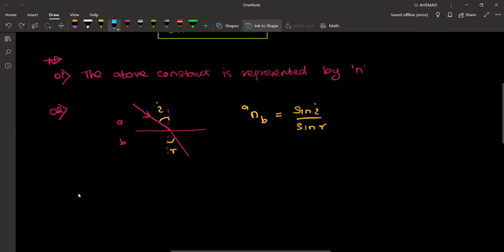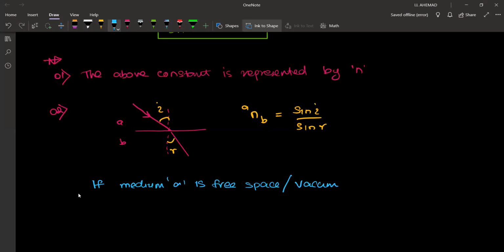So here, if medium A is free space or vacuum, like this, N_BA.